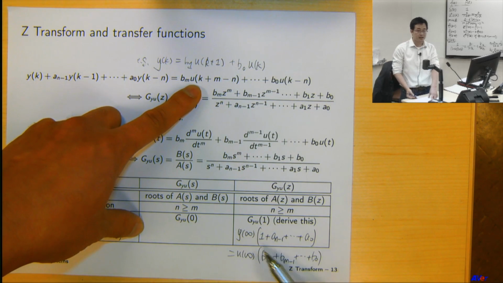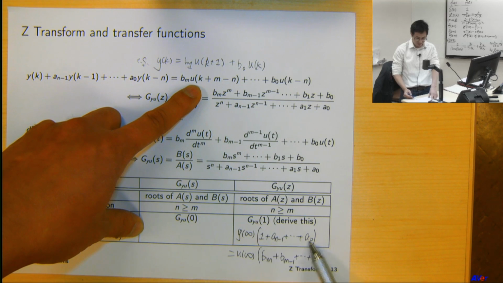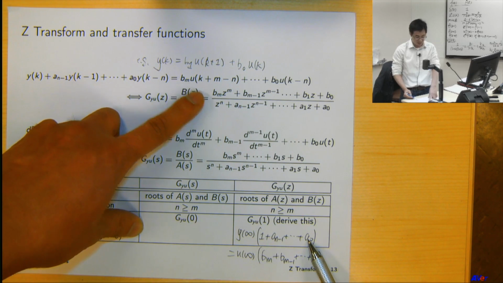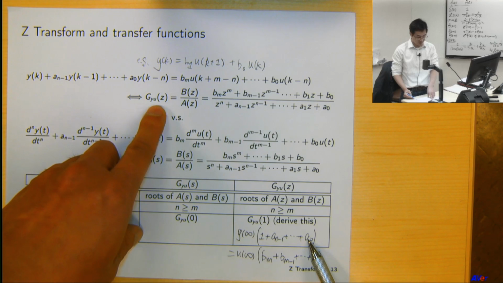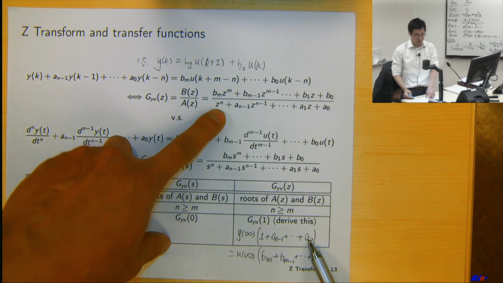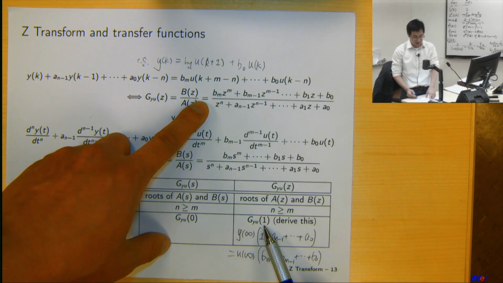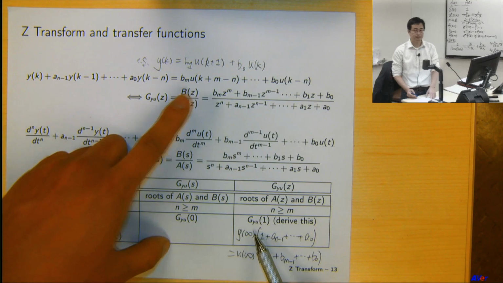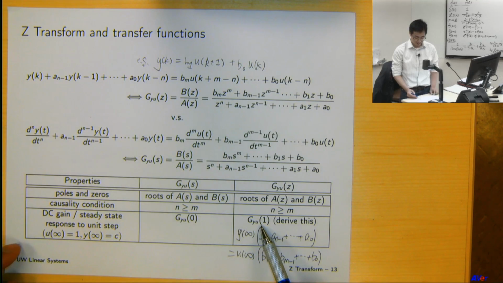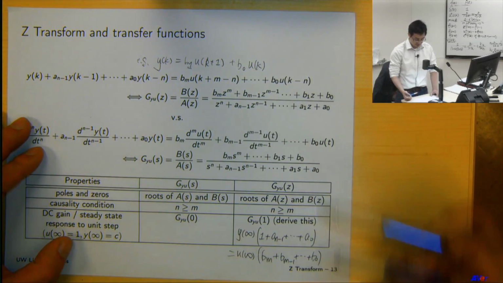The ratio you can see immediately: y infinity over u infinity is this number divided by this number, which is this transfer function evaluated at z equal to 1. So it's no longer 0, but 1. That's the DC gain, direct current gain.